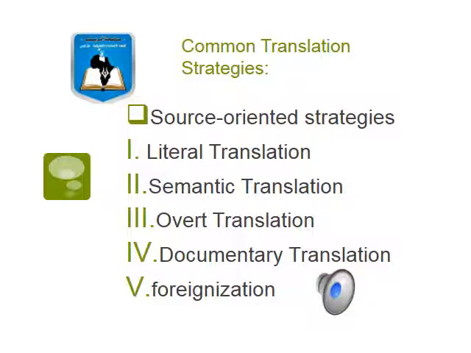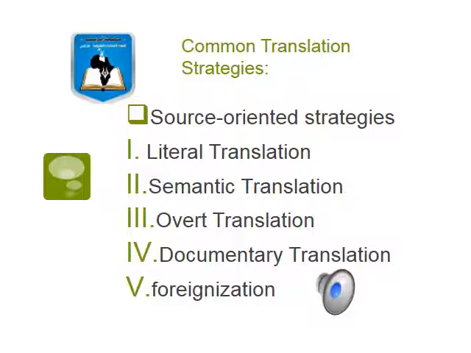Semantic translation attempts to recreate the precise flavor and tone of the original. The words are sacred, not because they are more important than the content, but because the form and content are one. The thought processes in the words are as significant as the intention behind the words in a communicative translation.